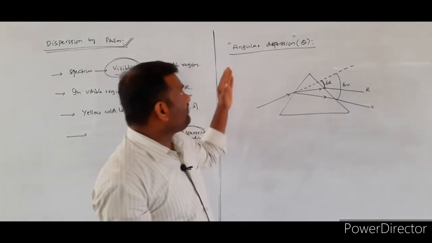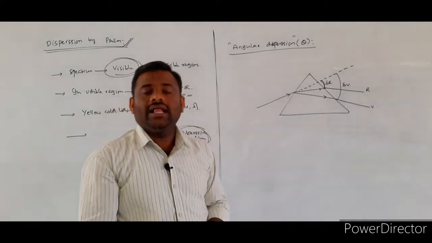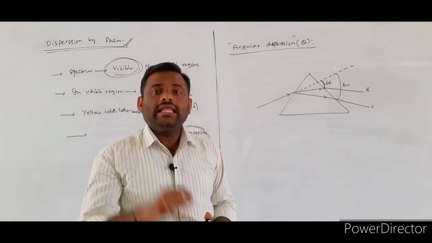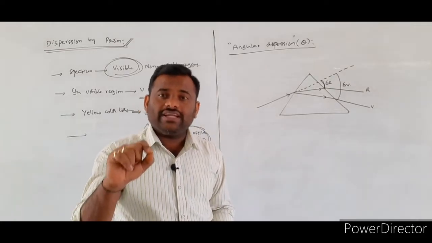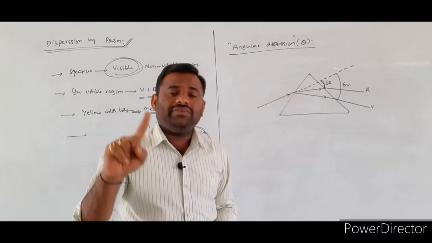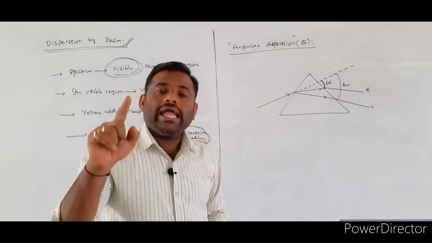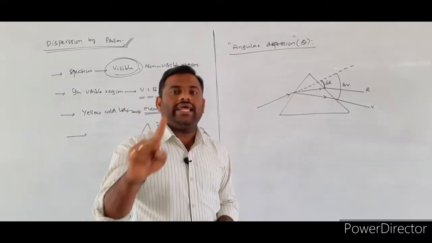So how can we define the angular dispersion? Angular dispersion is the difference in angle of deviations of any pair of colors of the light.